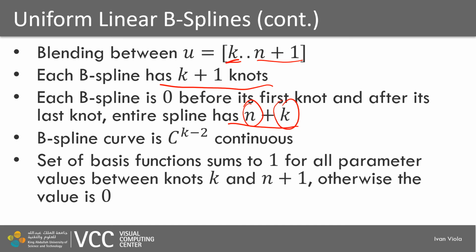The B-spline curve overall is, as we said already, k minus 2 continuous. And as mentioned in the previous case, the basis functions sum to 1 for all parameter values between knots k and n plus 1.